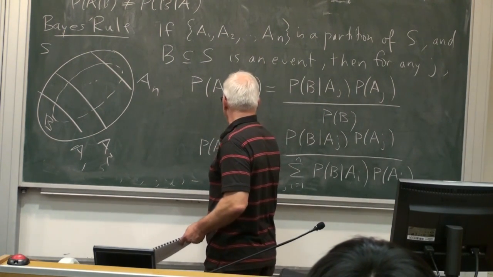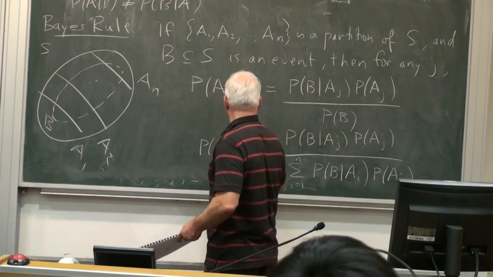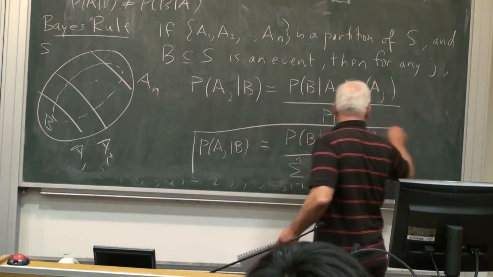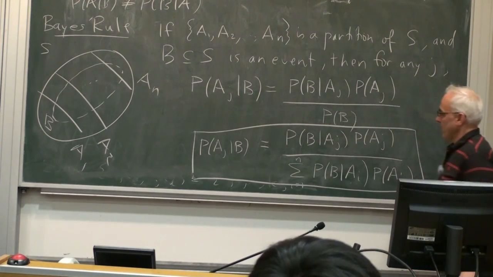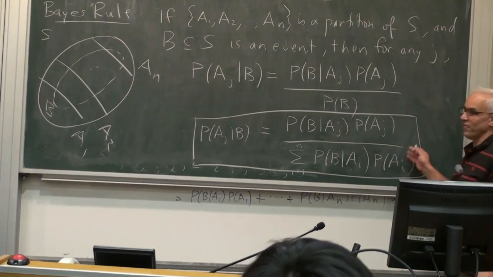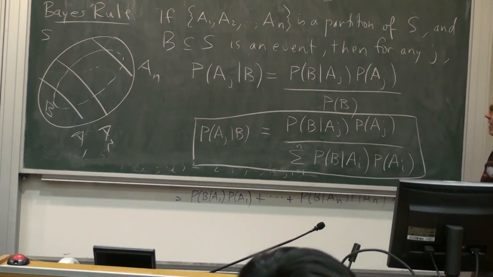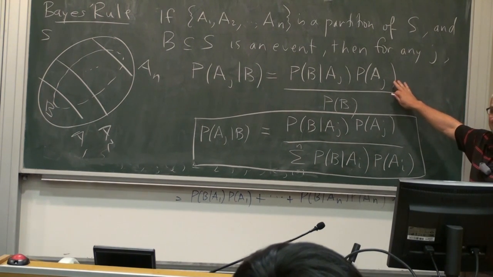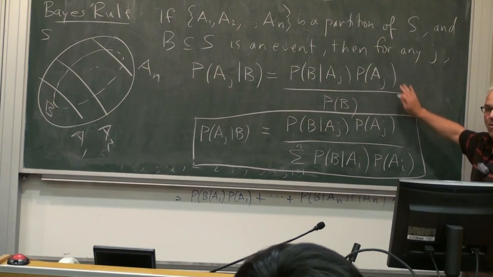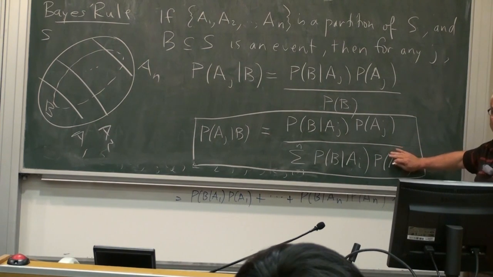So maybe I'll write it this way. That's the usual form of Bayes' rule. But sometimes it's a lot easier to remember if you remember it as being a combination of this thing with the probability rule that we've just established.